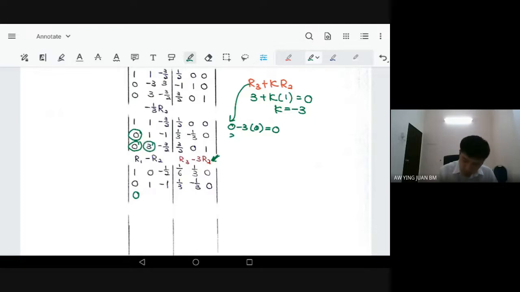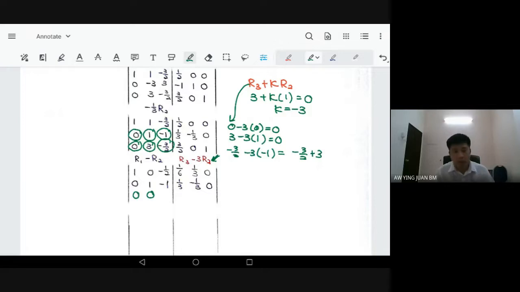So 3 minus the 3, multiplied with the row 2, which is equal to 1, and the answer will become 0. Next, we have row 3, negative 3 over 2, minus the 3, multiplied with the row 2. So here we have negative 1, so it will become negative 3 over 2 plus the 3. So kindly refer to the calculator, and we will have our answer 3 over 2.